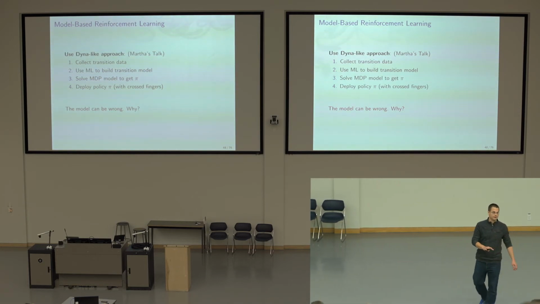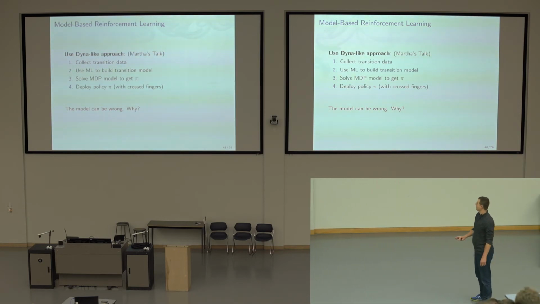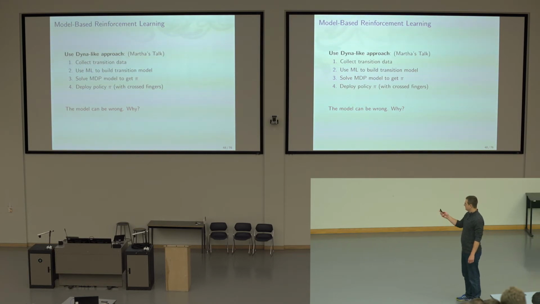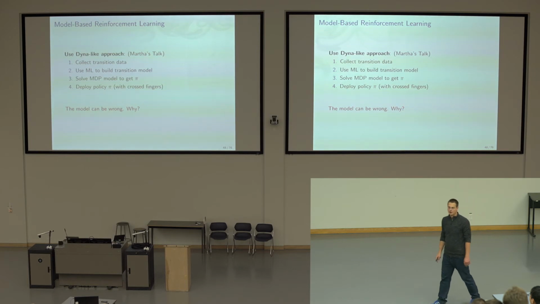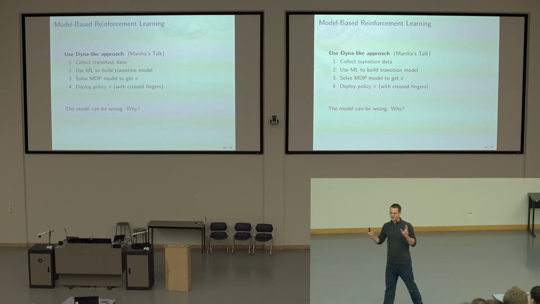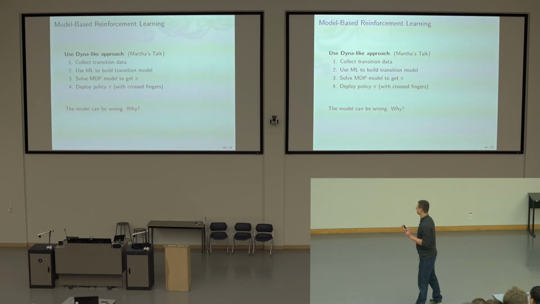This is something Martha talked about really nicely yesterday. We'd follow this step. We collect data, use machine learning to build some kind of a transition model. Then we solve the MDP, and we deploy our policy, cross our fingers, and we hope it works. Okay?